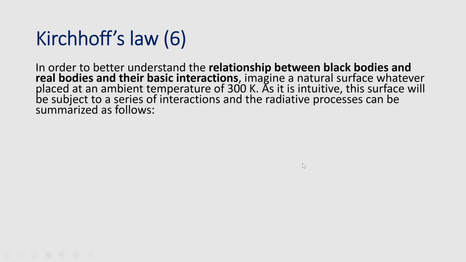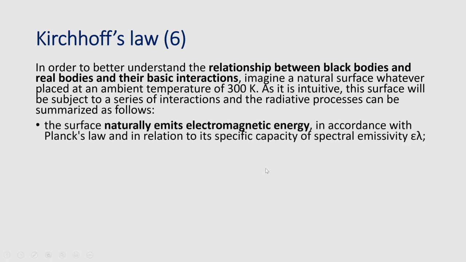So, in order to better understand the relationship between black bodies and real bodies and their basic interactions, imagine a natural surface, in whatever place, in an ambient with a temperature of almost 300 Kelvin. As is intuitive, this surface will be subject to a series of interactions, and the radiative process can be summarized as follows.